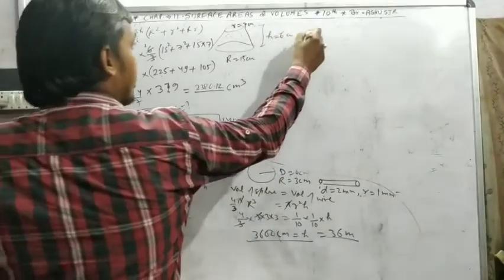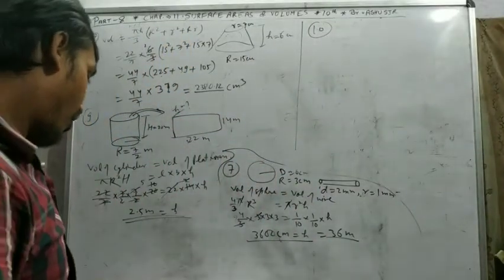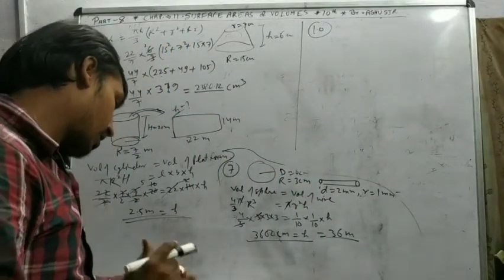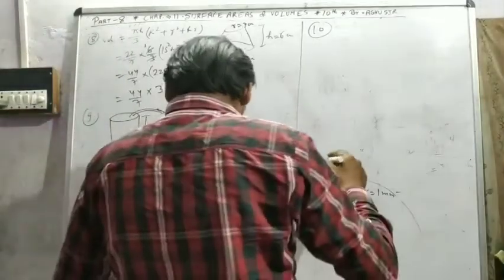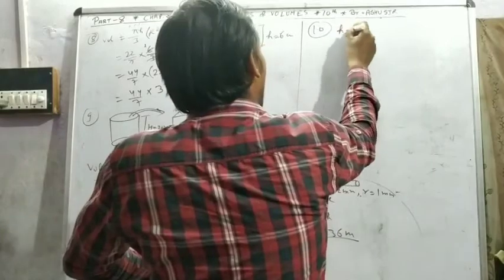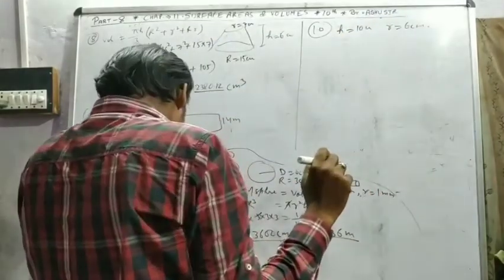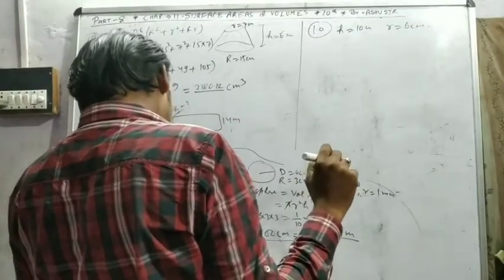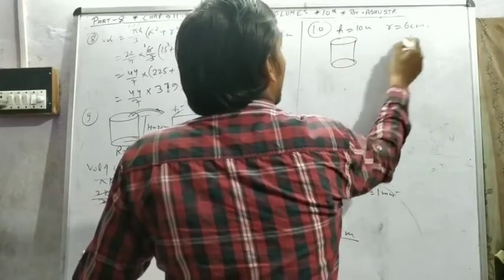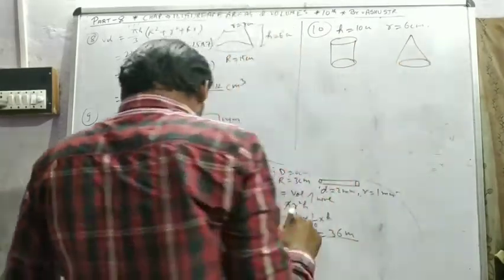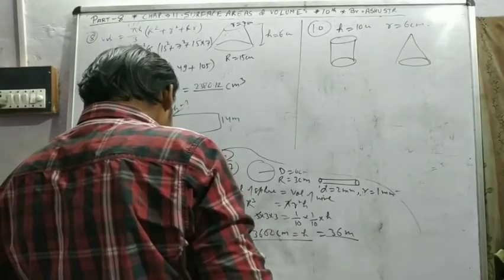And see question number 10, the last MCQ. From a solid circular cylinder with height 10 centimeter and radius of the base 6 centimeter, a right circular cone of the same height and same base is removed.